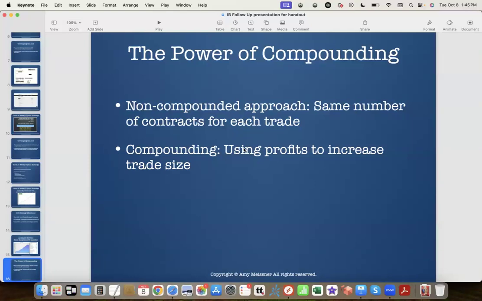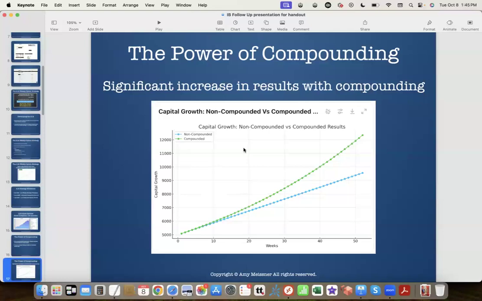So just as an example, you can see the difference. The blue line represents non-compounding, which is just taking, like, if I were to just use non-compounding with the trade alert account, is shown in the blue line.